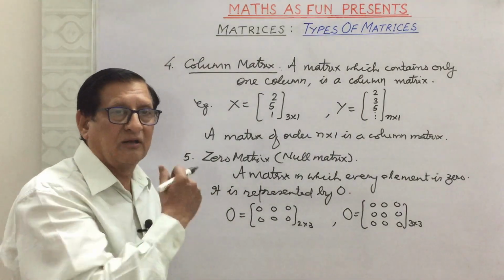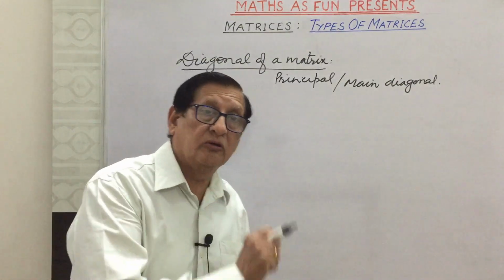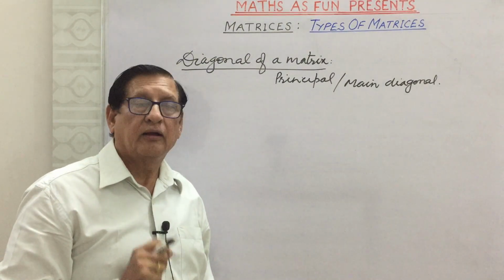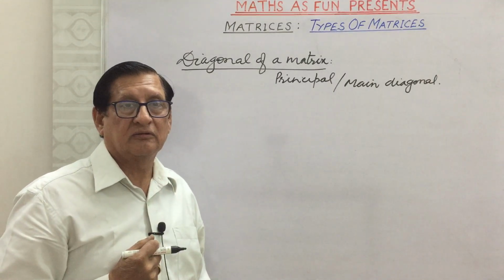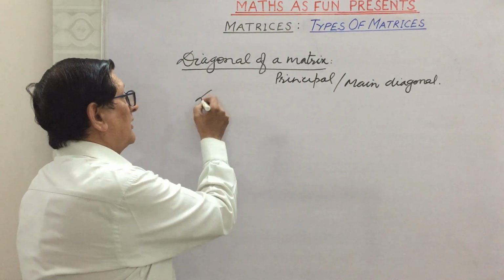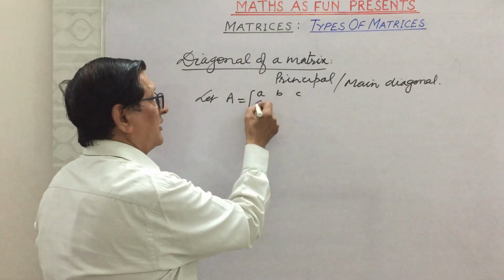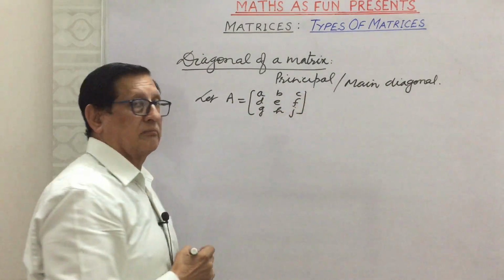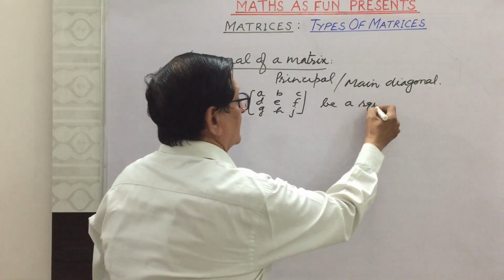Before going to the next type, we have to learn what is the diagonal of a matrix. Diagonal is possible only in a square matrix. So we say let A, B, C, D, E, F, G, H, J be a square matrix.